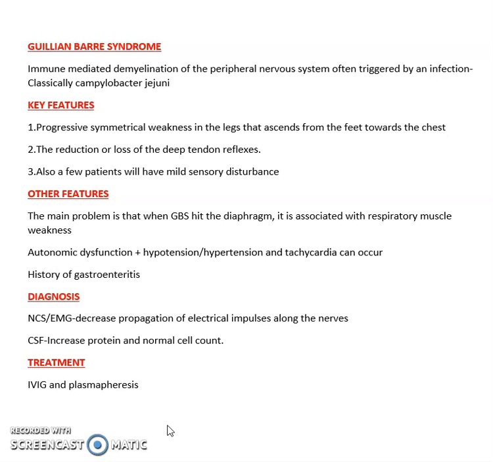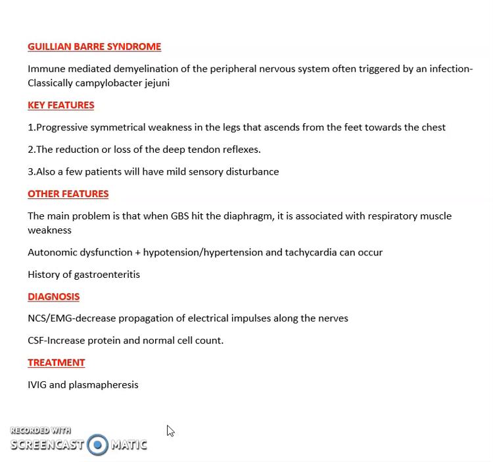So you have a picture of a patient who first of all has lower limb weakness. Then there's an advancement of the weakness later on to involve the upper part of the body. In addition to this, there's also the reduction or loss of the deep tendon reflexes.